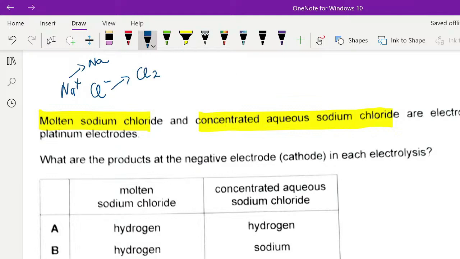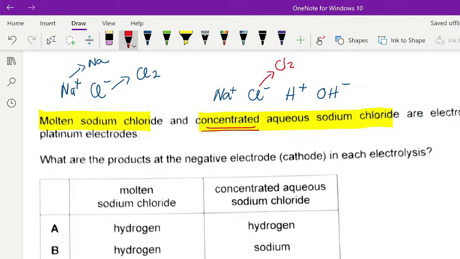Whereas concentrated aqueous sodium chloride contains 4 different ions, Na+, Cl-, H+, and OH-. The word concentrated means there is a lot of sodium chloride dissolved in the water. So there is more chance for chloride to be oxidized to chlorine rather than hydroxide to oxygen. So one of the products is chlorine gas.